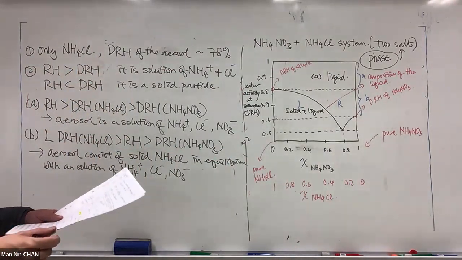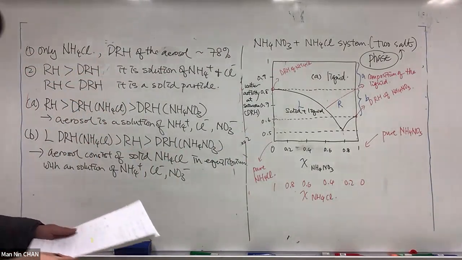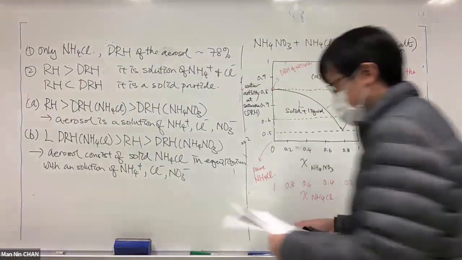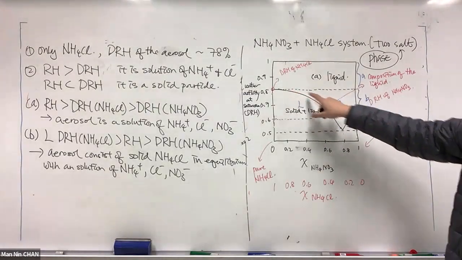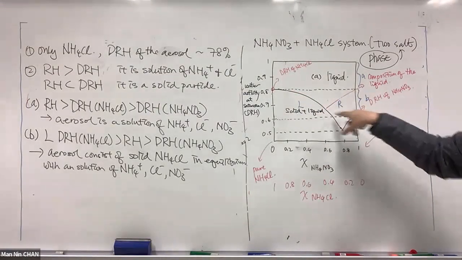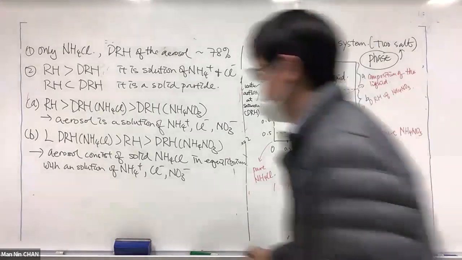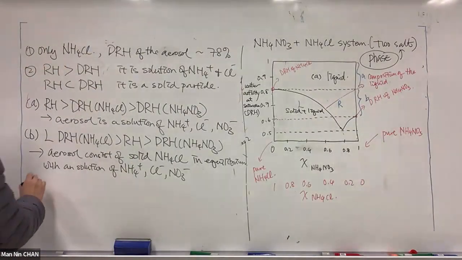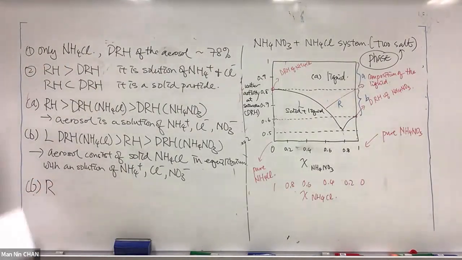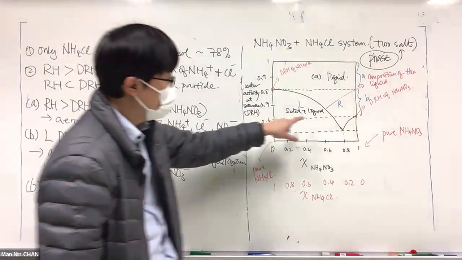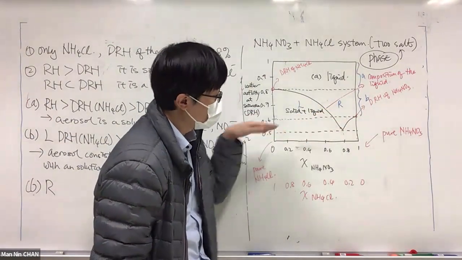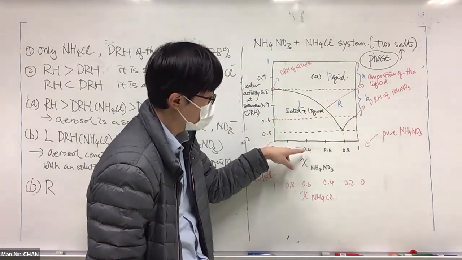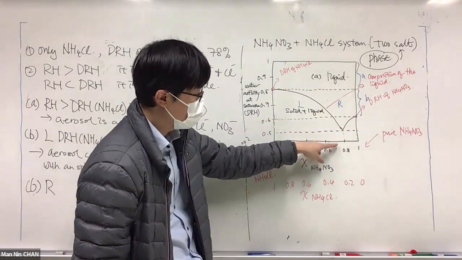But what will happen on your right-hand side? On the right-hand side you can see that this is in the liquid region, right? So how can we understand this? When you move to your right-hand side, what will happen to the composition of your aerosol?